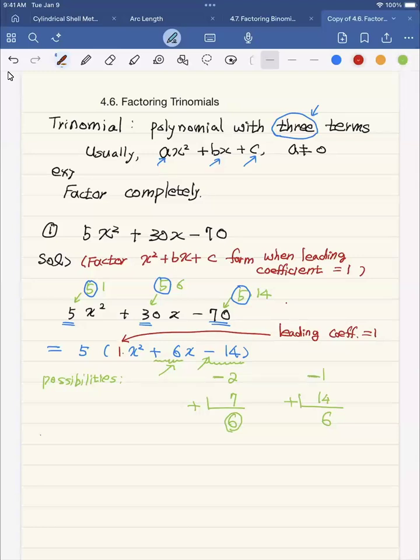When we add them up, it'll be 5. It is not 6. The second case, it is 13, and it's not 6. So the two possibilities don't work. In that case, this is the final form. So the answer is 5 times x squared plus 6x minus 14.